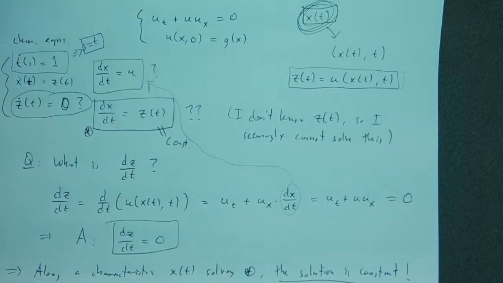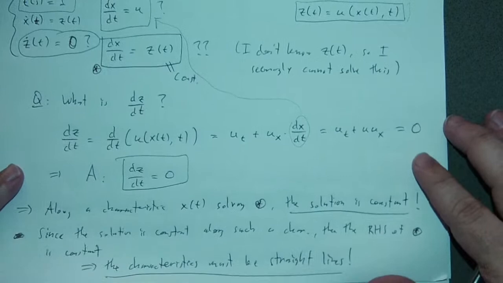I don't need to reference the initial condition at all. I worry about that when I'm finding the solution, but to actually find what the characteristics look like, I don't need to refer to that at all for linear and semilinear equations. But now we're going to see that this is no longer true.